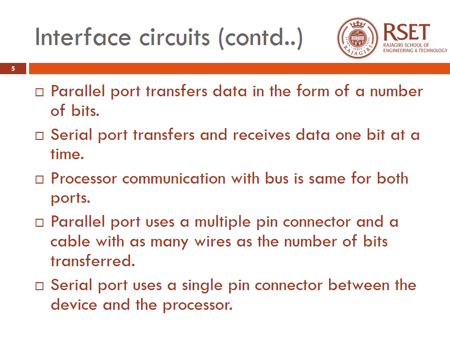The parallel port can use a multiple pin connector and a cable with as many wires as the number of bits transferred. As I already mentioned, if I am using an 8-bit parallel port, there will be 8 wires available for transferring 8 bits at a time to a device or from a device. Whereas if I am using a serial port, there will be only a single pin connector between the device and the interface circuit.